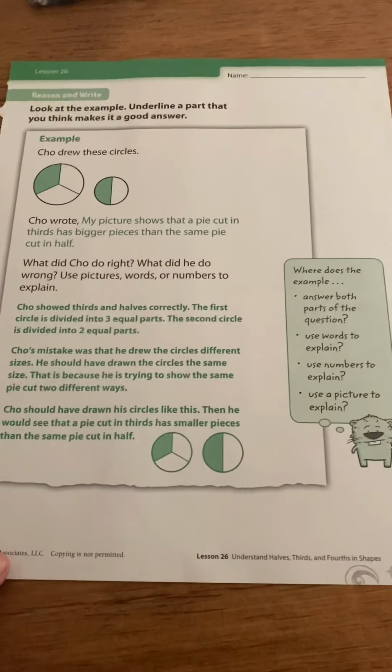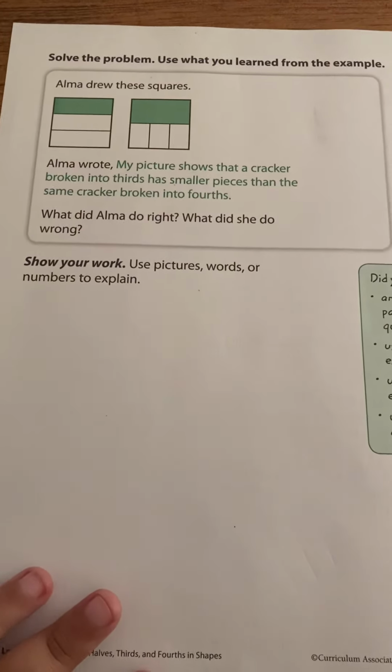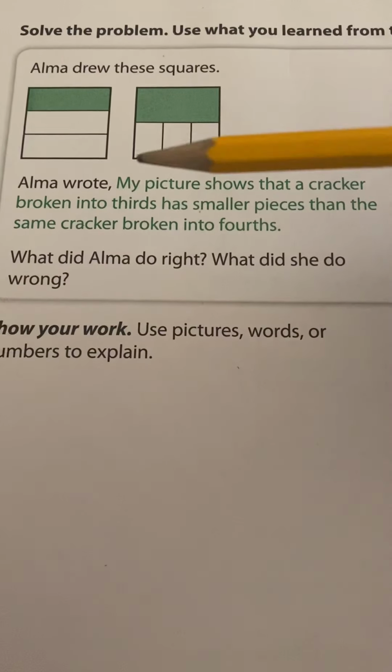All right, now we're on to 280. The front gives you an example. It's 279. And I want you to do 280 by yourself. So I'll read it to you. It says, Alma drew these squares. My picture shows that a cracker broken into thirds has smaller pieces than the same cracker broken into fourths.